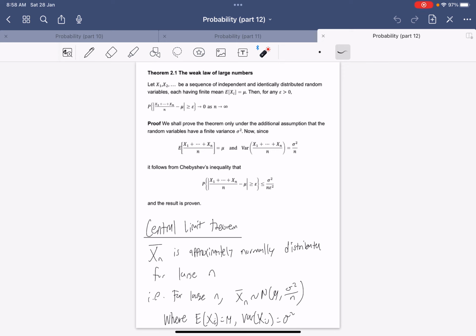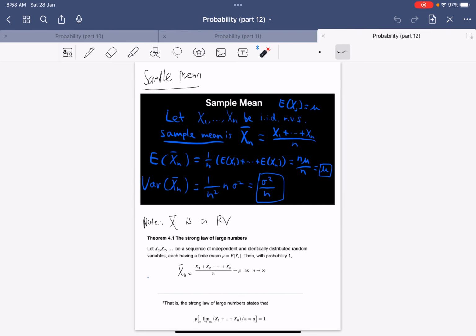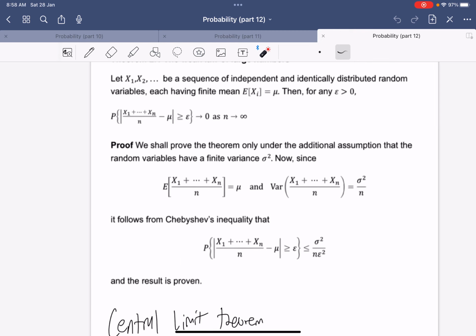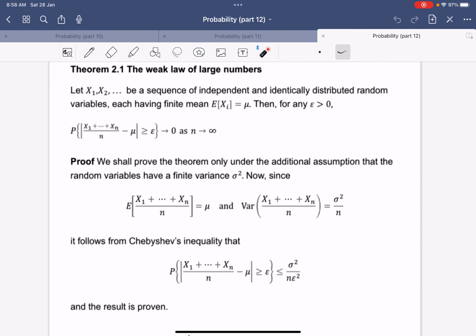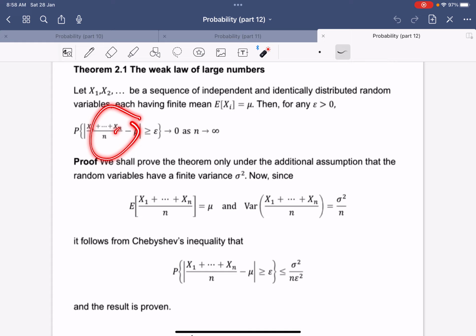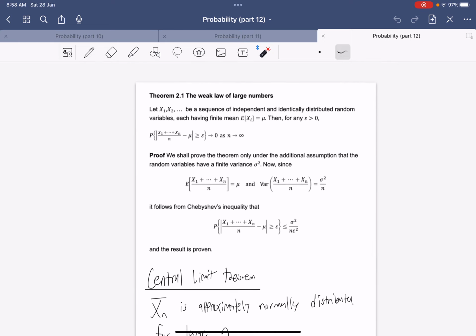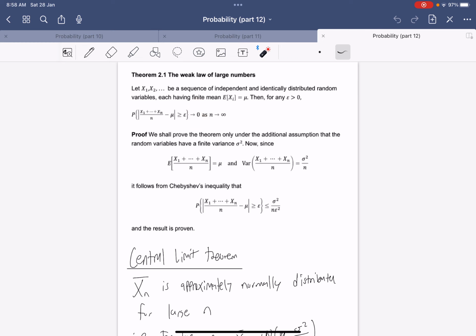The next property it has is the weak law of large numbers. In the previous one we have a strong law because we are showing that the probability becomes 1. For the weak law, we say that the probability that the sample mean is far away from mu by a distance of epsilon approaches 0 as n approaches infinity.